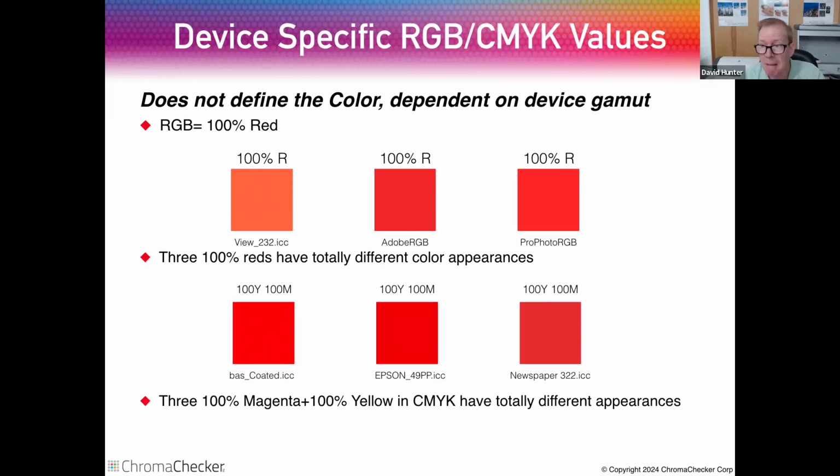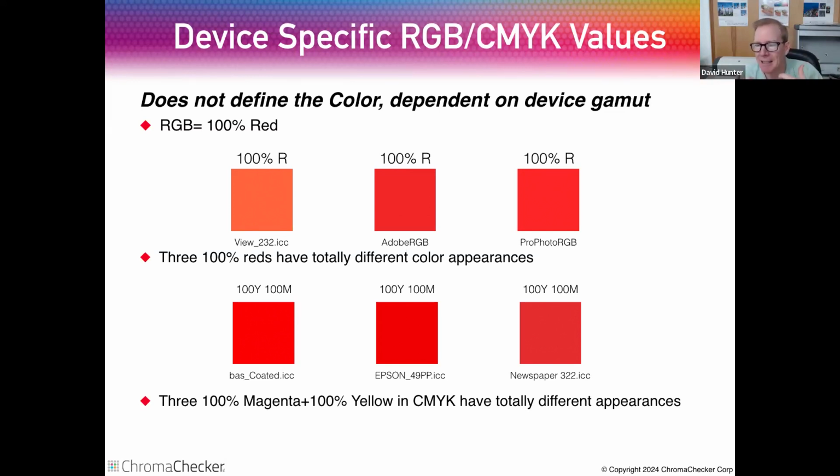And in the same way, the same CMYK value on three different CMYK devices can be very different. In this case, I had to print this 80 cyan, 40 magenta on three different printers at the print location that we were at to show her that 80 cyan, 40 magenta on three different printers is three entirely different colors.